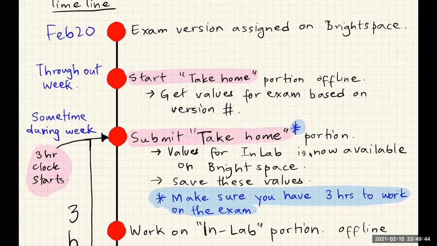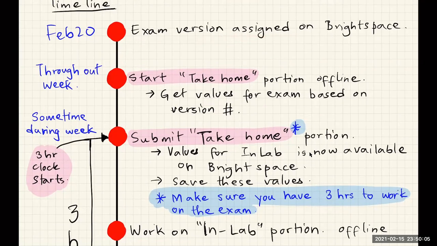So on February 20th, an exam version will be assigned to you on Brightspace, and there will be a document which will tell you, based on your exam version, what exactly the unique values are for your individual exam.